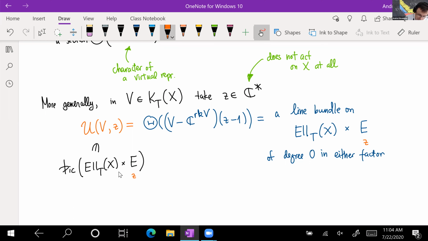So we're free to twist. Well, in one sense we're free, and in the other sense we're forced to twist.